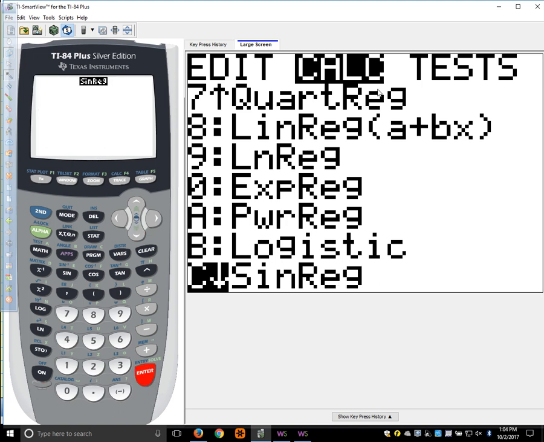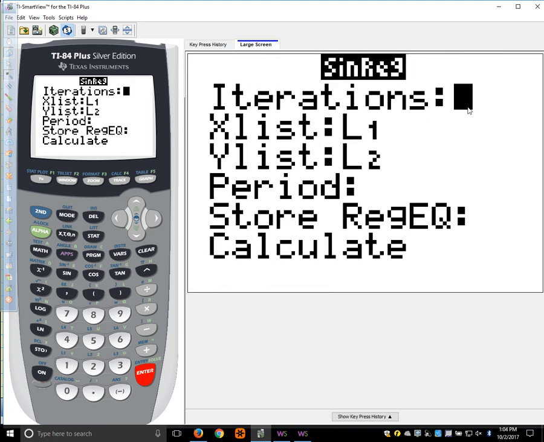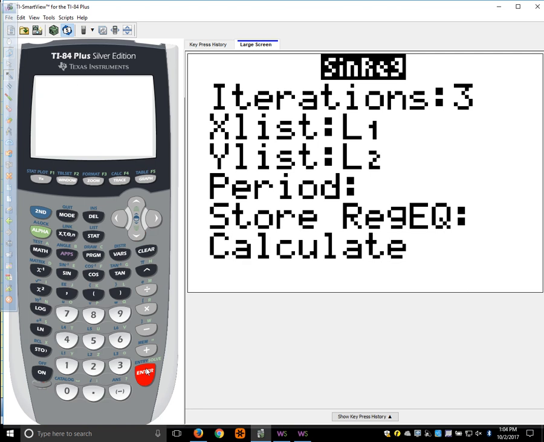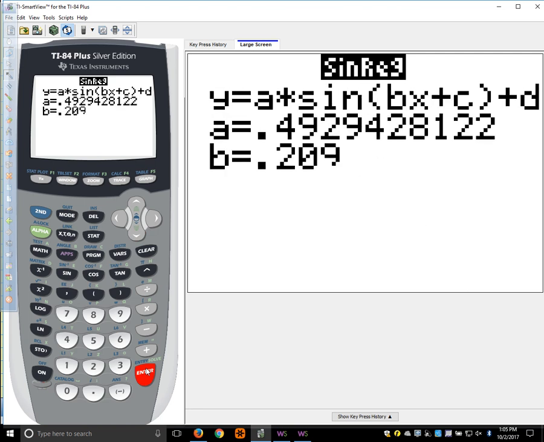And this is just some stuff that tells the calculator how it's going to do that. Depending on the model, you won't see this. And I don't use the calculator enough to remember how to store the regression equation, so I'm just going to calculate it. All right.